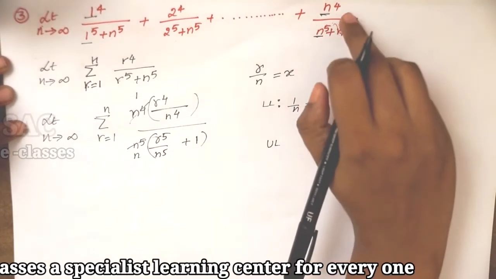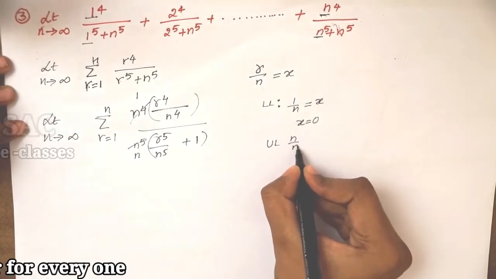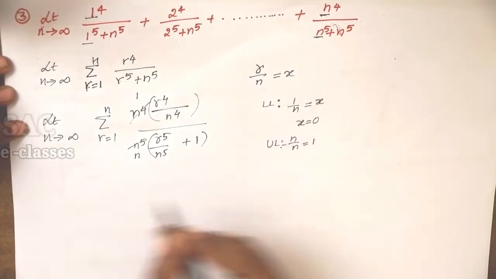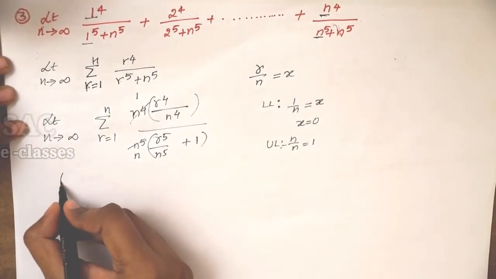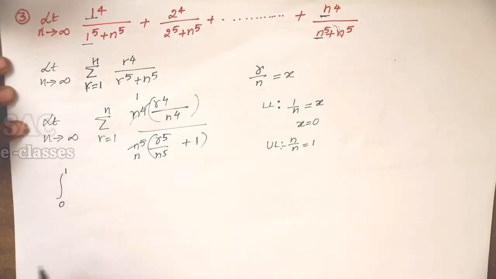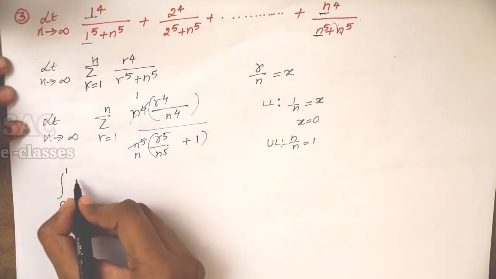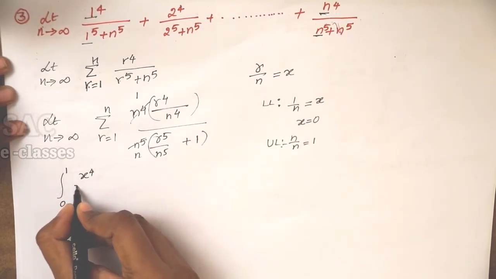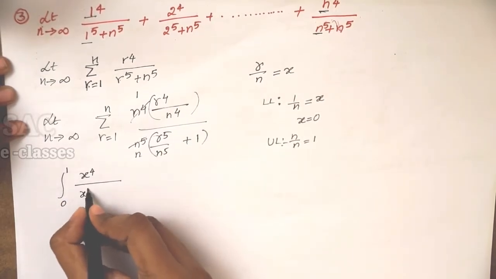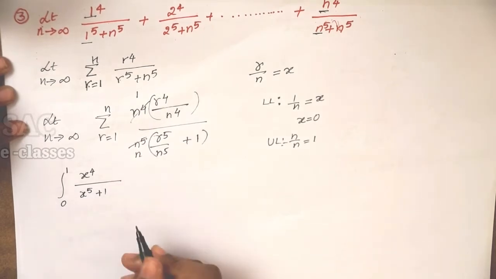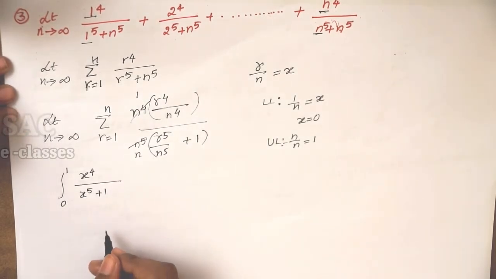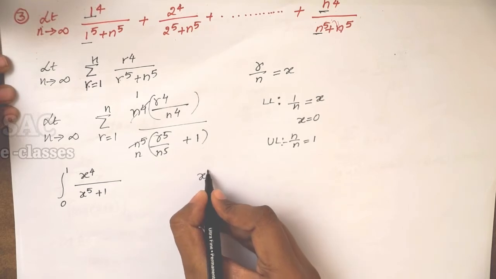Upper limit is ending with n, n by n. So 0 to 1. (r by n) whole power 4 can be written as x power 4 by x power 5 plus 1. Here onwards you know very well how to convert by taking that.